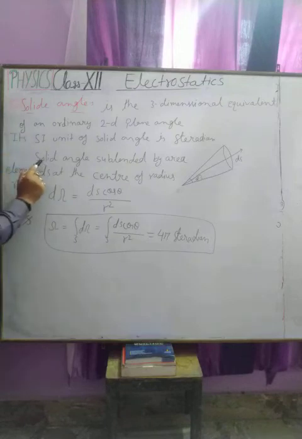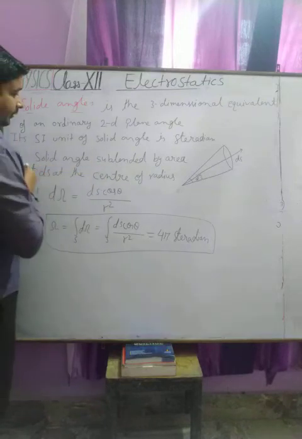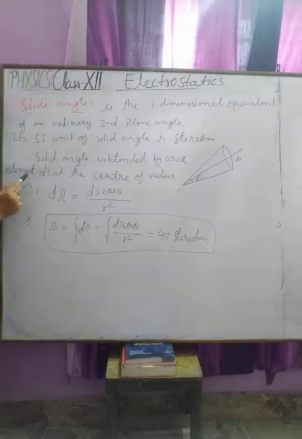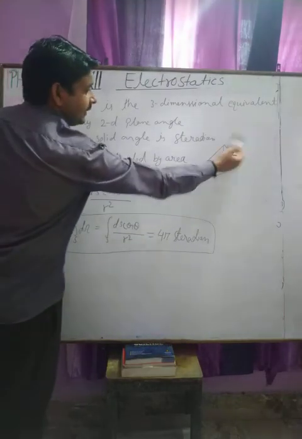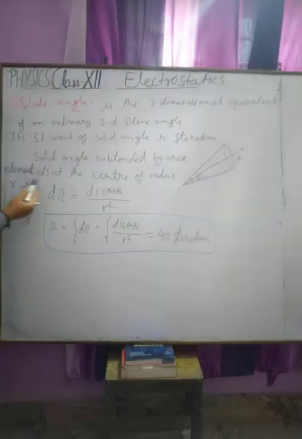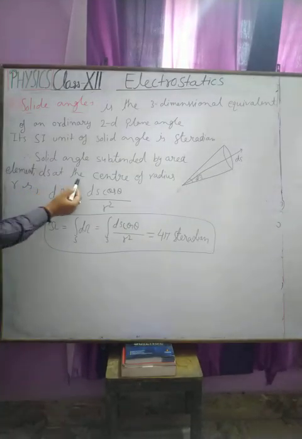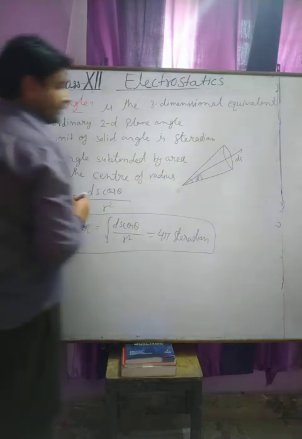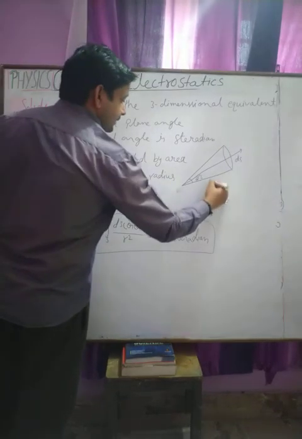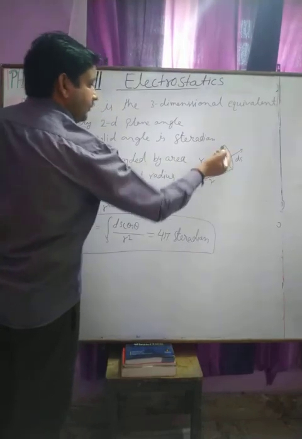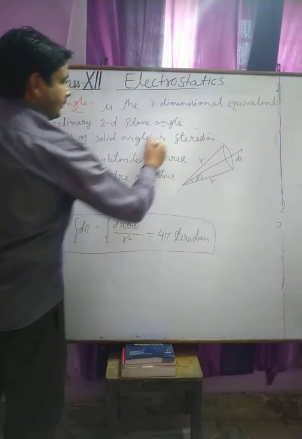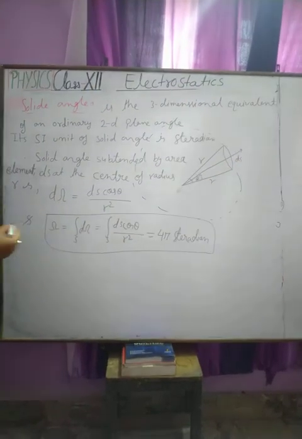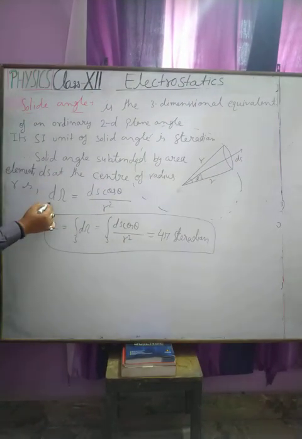Now, the solid angle subtended by area element ds at the center, with radius r. Suppose this is radius r of the figure, which we can assume like this.